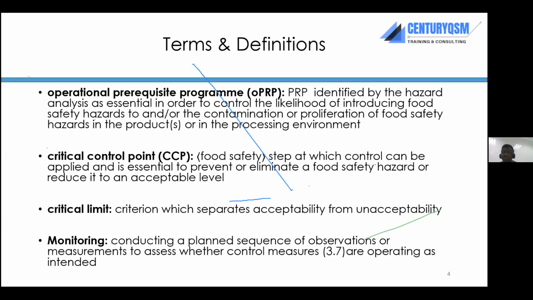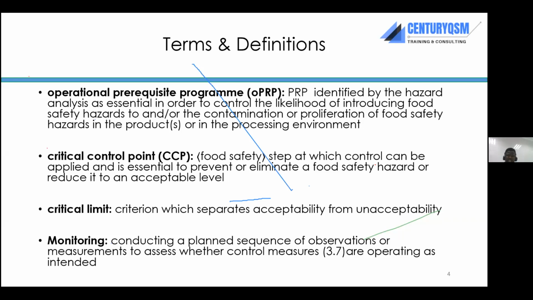But for operational prerequisites, it can totally eliminate it, yes. But if it does not, it is not a problem. Something will take care of it. So that is why you call it an OPRP. There's something in front that will take care of it. So that is the thin line between critical control points and OPRP.